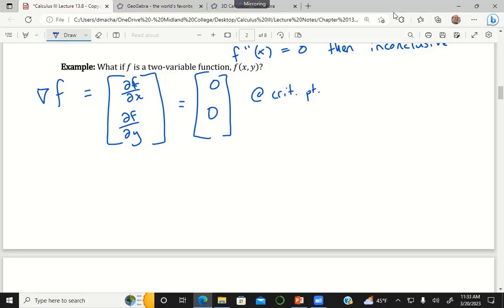And the Hessian matrix of this function of two variables would be a matrix where the top left entry is the second partial derivative with respect to x. The bottom right entry is the second partial derivative with respect to y.